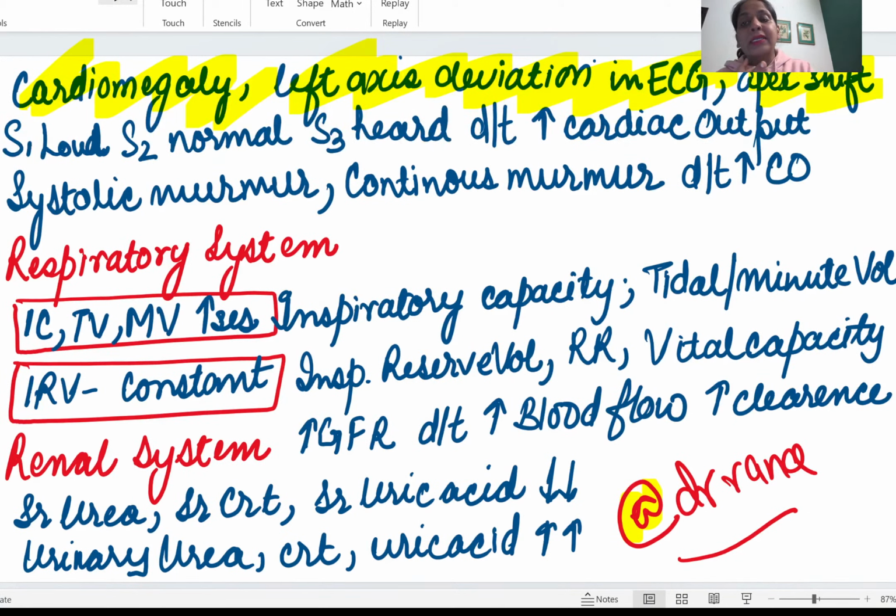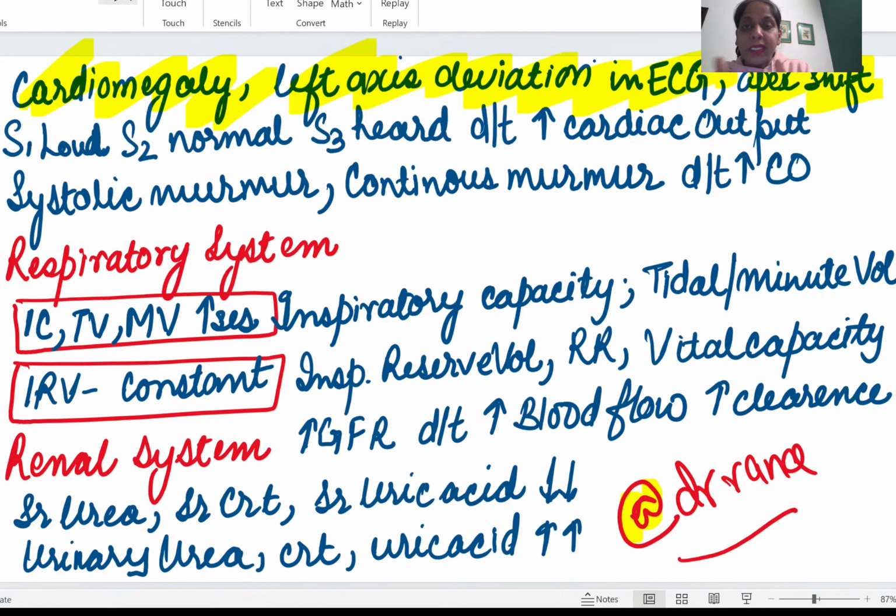What about the heart sounds? I have always learned the heart sounds in this order: S1 is loud, S2 is normal, and S3 is heard. Let's go into a bit of detail on why S1 is loud. Because S1 is related to systole.